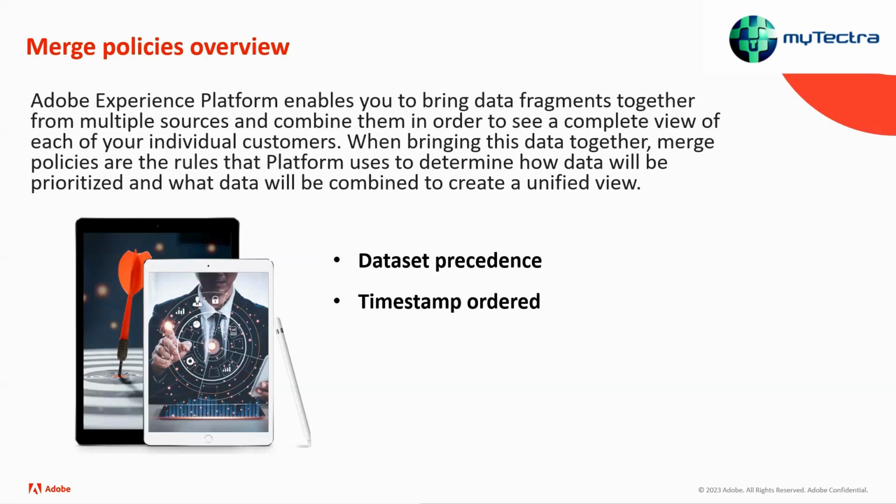For example, you have details coming from the website data, then POS data, then again website data. It will take the latest website data as your information, and clear out all the rest of the values that were previously there. But if you don't want this method, and you want to give priorities to the dataset instead of timestamp, you can do it by using these merge policies.